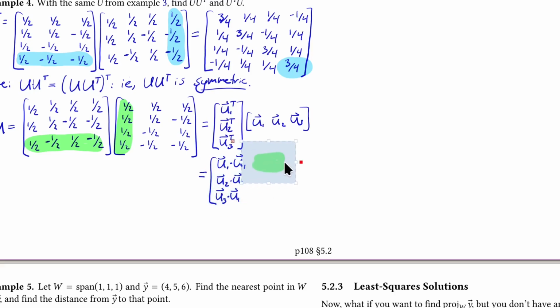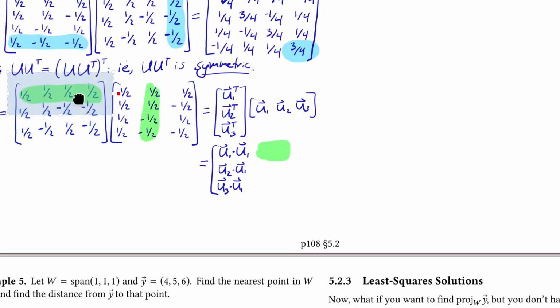And if we do the same thing for all the rest of them, and all of the things in the second column, we're just doing dot products of the various rows of u transpose with the columns of u. So for the first one, that's u1 dot u2. Then we have u2 dot u2 here.